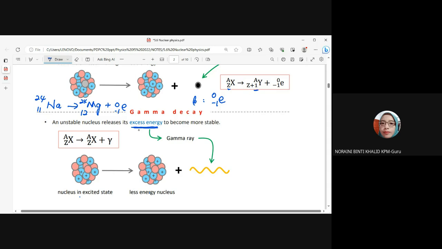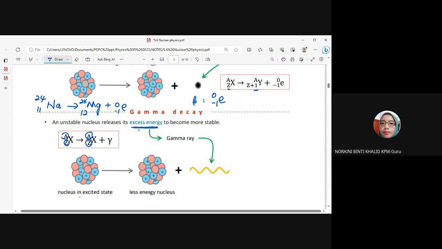If you look, no change in nuclear number, no change in proton number. It's still the same element, but different in energy. So gamma is released, or energy is released.